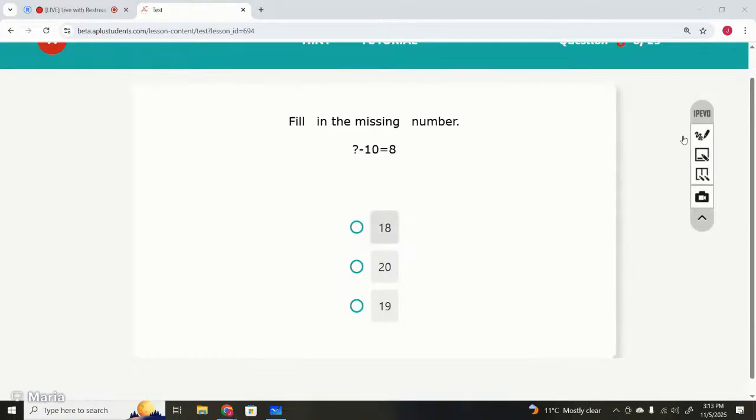Option number 1 is the correct option, that is 18.